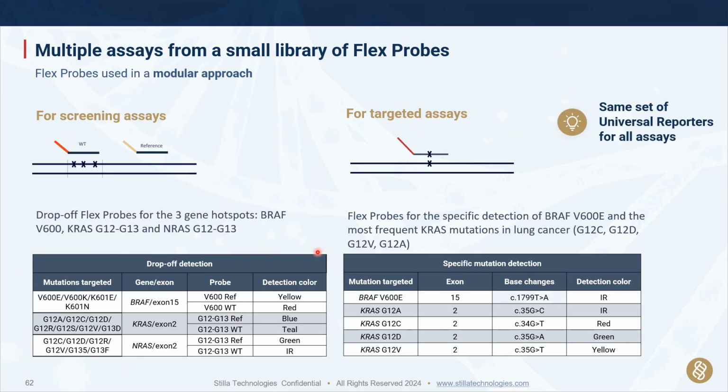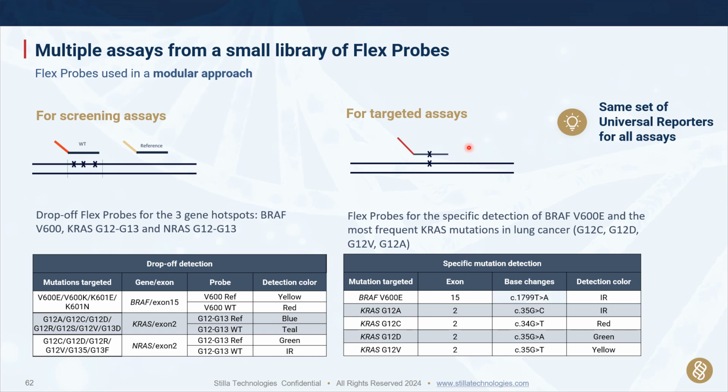Here we can see 2 different strategies that these flex probes were used for. One is in a screening assay, where we're looking at detecting the presence of multiple different mutations in a sample. In this case, V600E, V600K, V601E. Or they could alternatively be used to detect and identify specific targeted mutations, as in this case where we see BRAF V600E, KRAS, multiple different mutations.